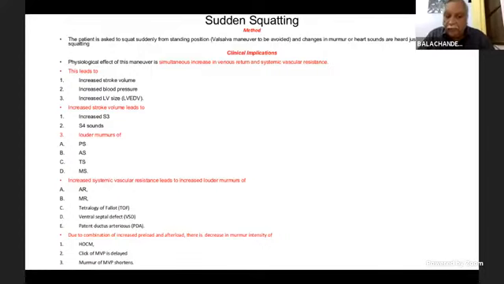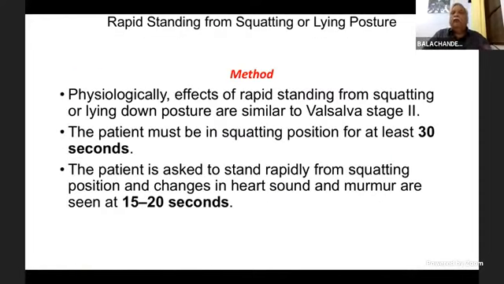The click of MVP is delayed simply because the critical volume reached is delayed, and the murmur of MVP shortens. The time taken for the critical volume in MVP is delayed. So when you take squatting, important is not just squatting. You have to have squatting from standing position, then rapid standing from squatting or lying position.